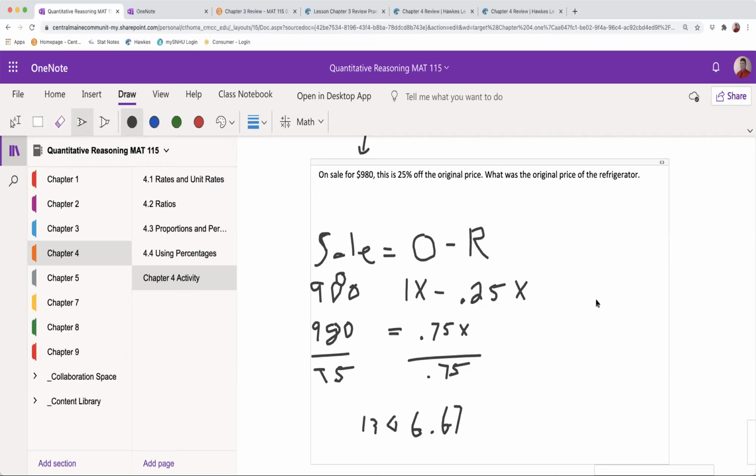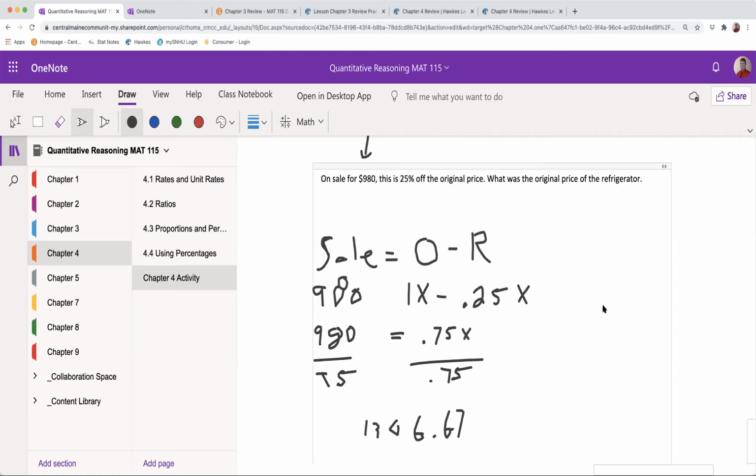So what you said you did what? Let me try your I went 0.25 over 0.75, so like 25% over 75%, equals X over 980. Okay. So, times 980. 980 times the 25 divided by 75.